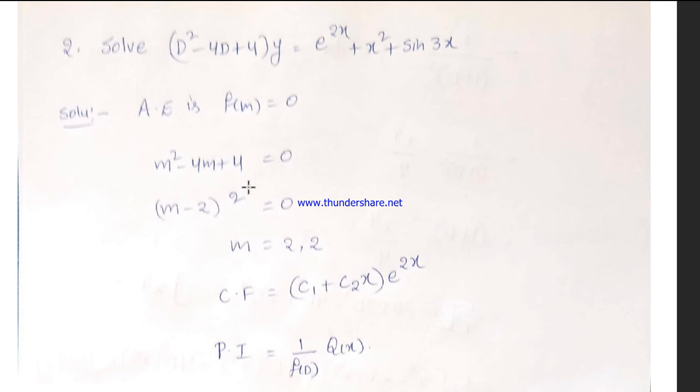So it is in the form of a square minus 2ab plus b square. So that's why we can write m minus 2 whole square is equal to 0. So m is equal to 2 comma 2. Roots are repeated. So that's why complementary function is equal to c1 plus c2x into e power 2x.